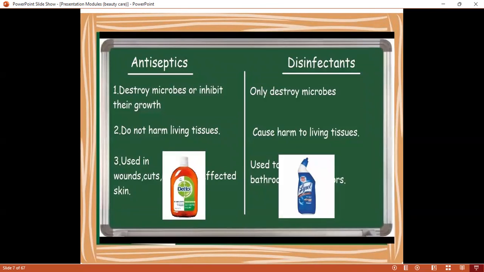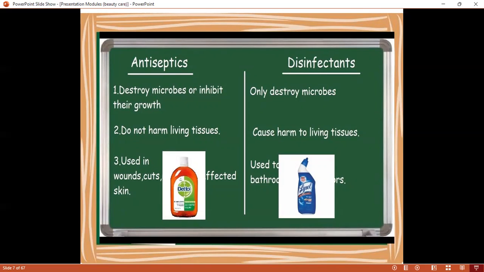The difference between antiseptics and disinfectants: antiseptics destroy microbes or inhibit their growth, while disinfectants only destroy microbes. Antiseptics do not harm living tissues.